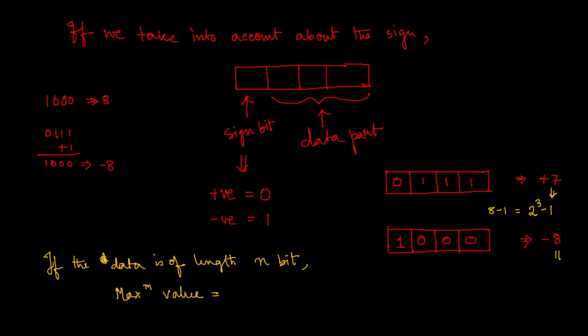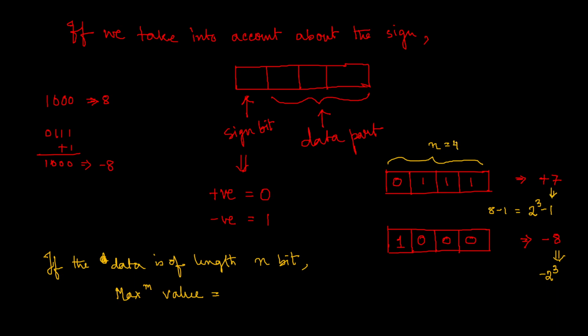And what does -8 mean? It is minus 2 to the power 3. But here the length is 4, because we consider the length including the sign bit. This is n equal to 4.